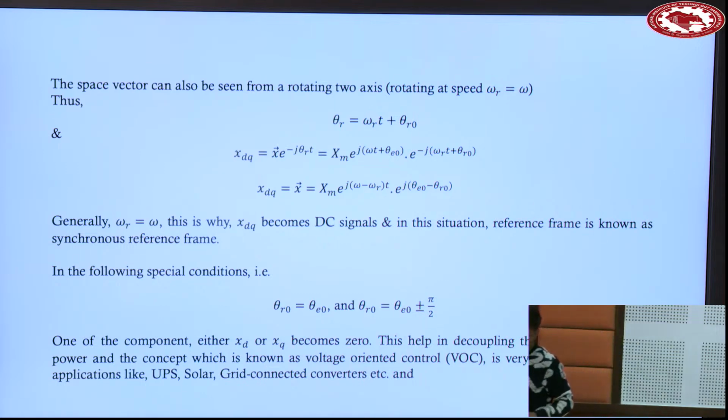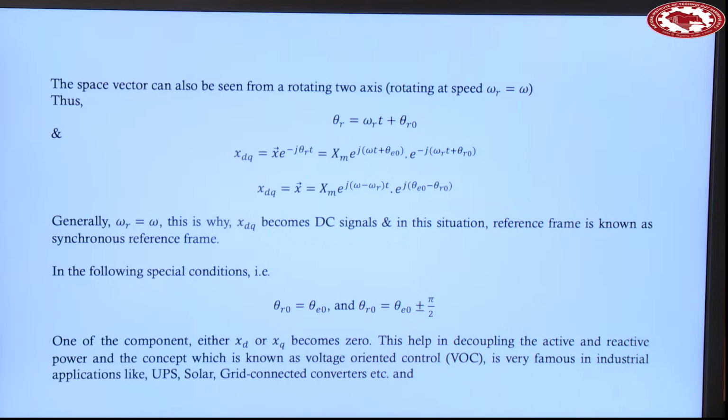The important information is this: if you choose theta r naught equal to theta e naught, or theta r naught equal to theta e naught plus or minus pi by 2, you are getting something specific. Here omega is equal to omega r, that is true because you are in the synchronous reference frame. Now you are choosing theta r naught to be equal to theta e naught.